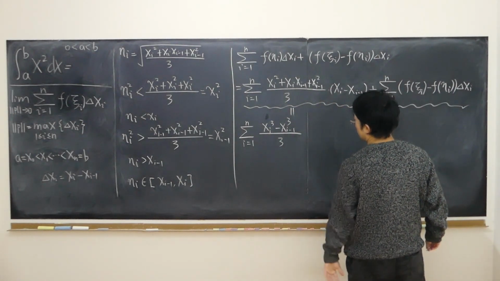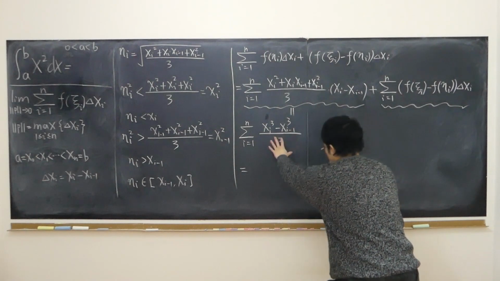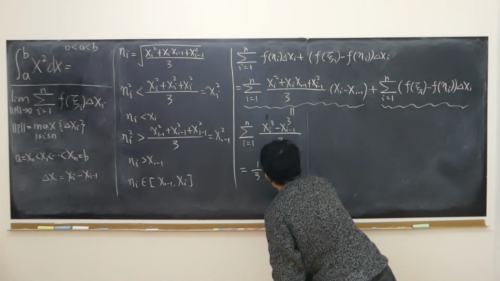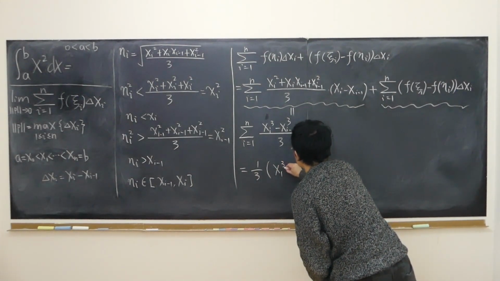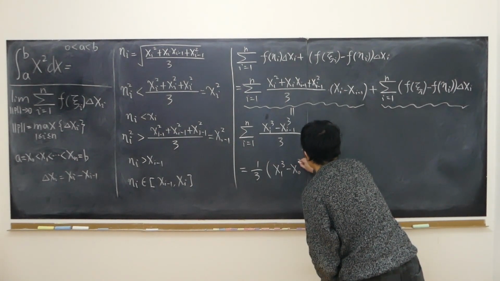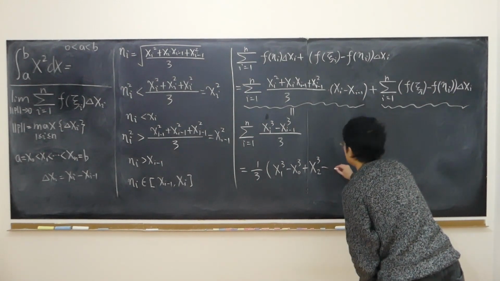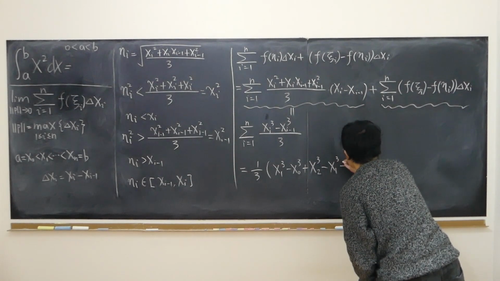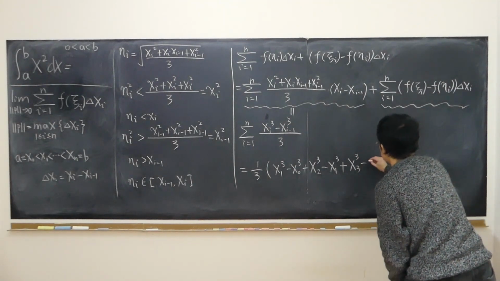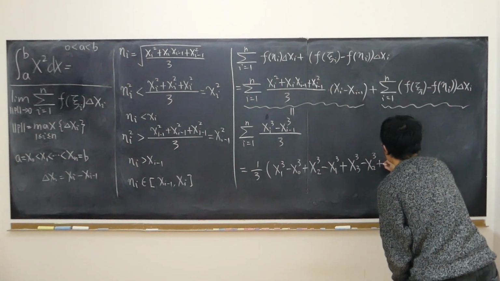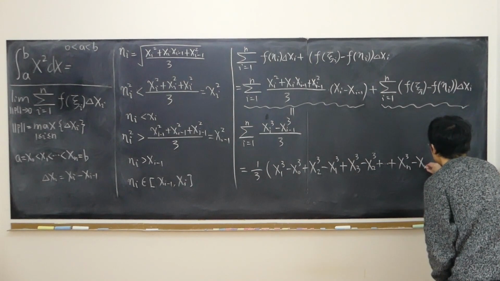This sum can now simply be written as, I'm going to extract the 1/3 out here, the sum over i from 1 to n, that is x1 cube minus x0 cube plus x2 cube minus x1 cube plus, maybe just write one more term, x3 cube minus x2 cube, all the way up to xn cube minus xn minus 1 cube.